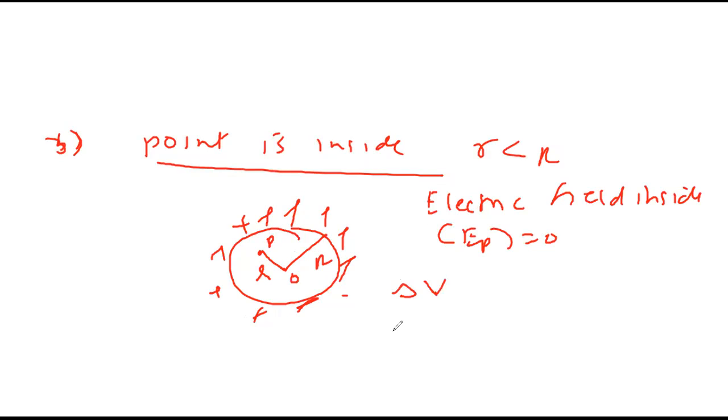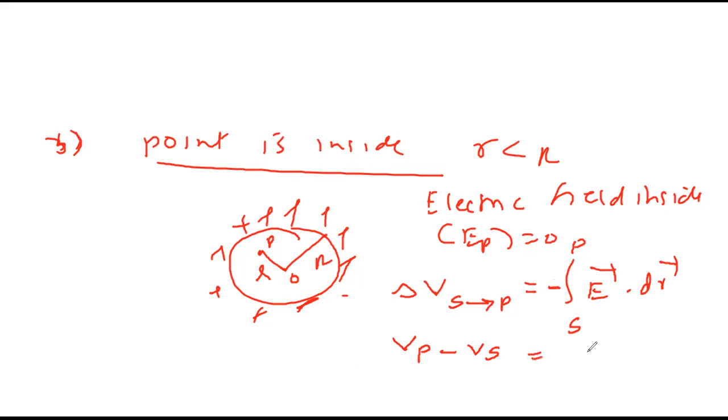Change in potential from the surface to the point P will be Vp minus Vs. This will be equal to minus E dot dr, moving from S to P. E is 0, correct?